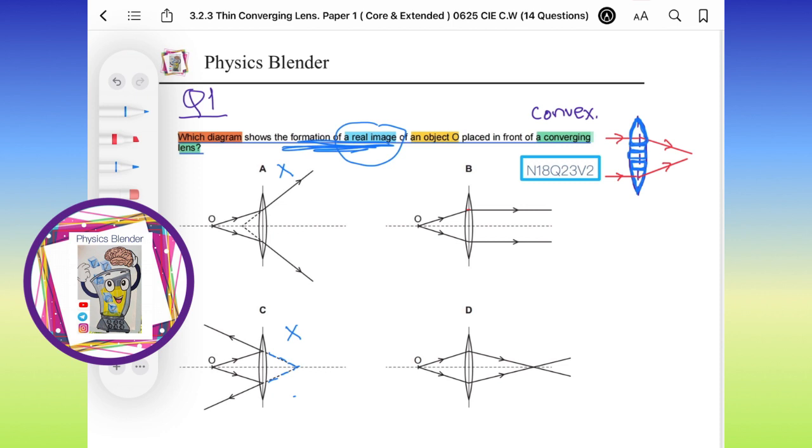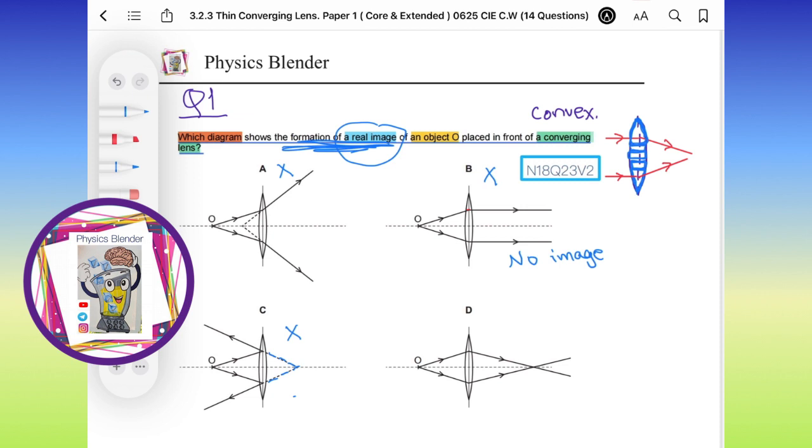Back to B and D. In case the refracted rays are parallel to each other and never intersect, no image will be formed, because the image is formed at the location where the refracted rays intersect. So no image is formed in this case. So also B is excluded.